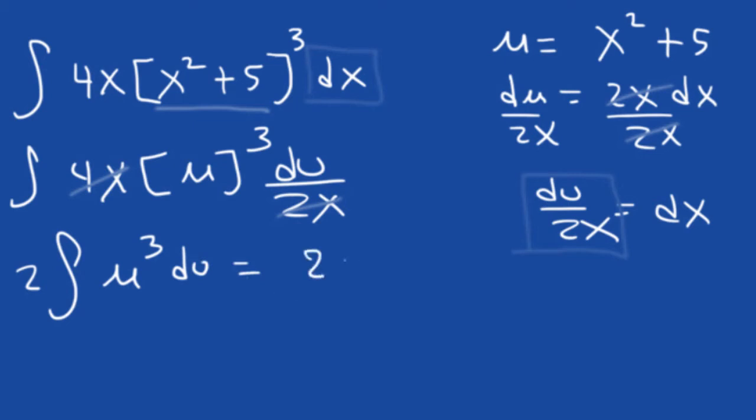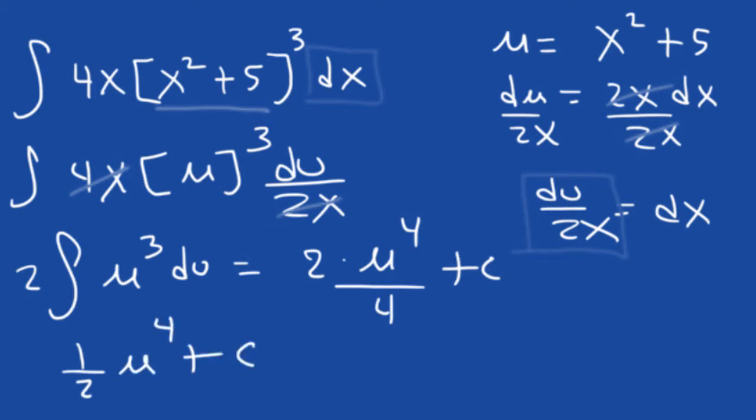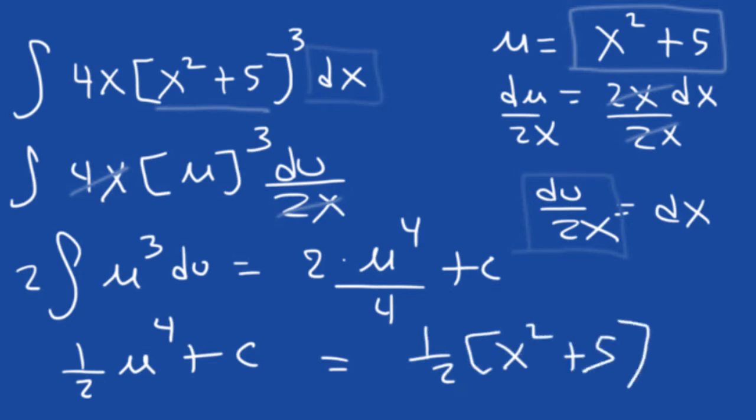Using the power rule, that is going to be 2 times u to the fourth over 4 plus c. Now 2 over 4 is 1/2, so it is 1/2 u to the fourth plus c. The last thing you need to do is replace u with what it is equal to, and that's x squared plus 5. So this is the answer.